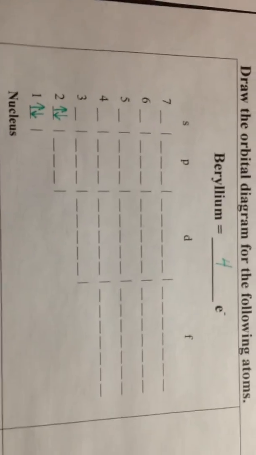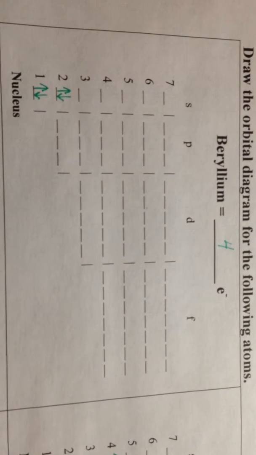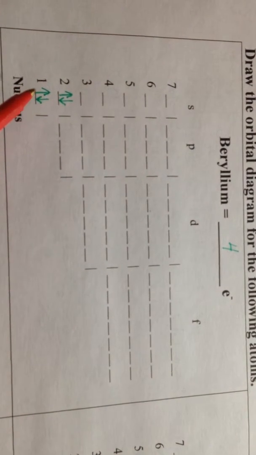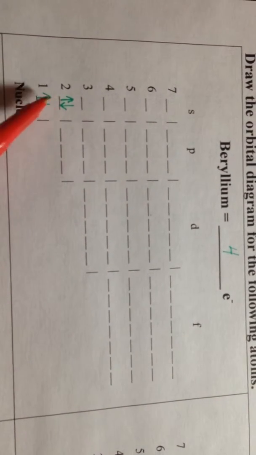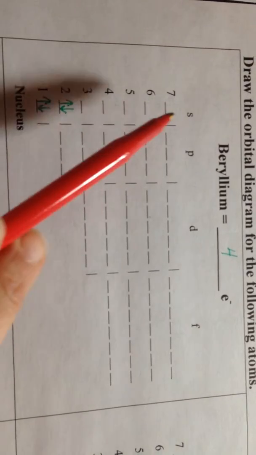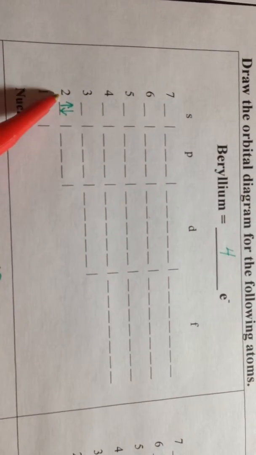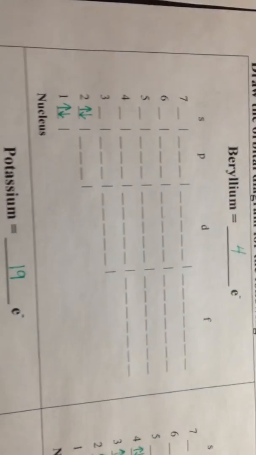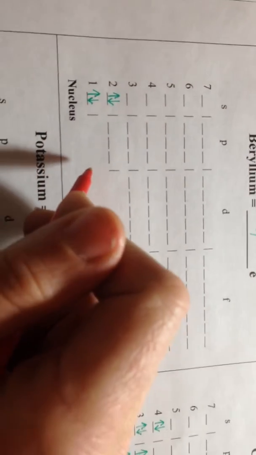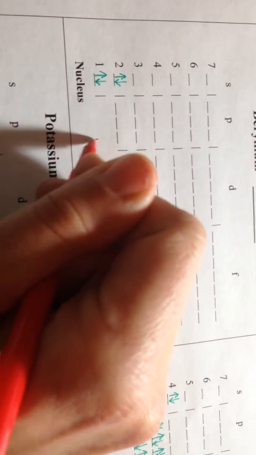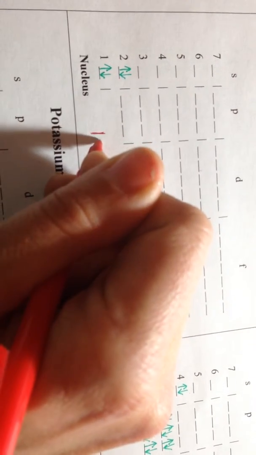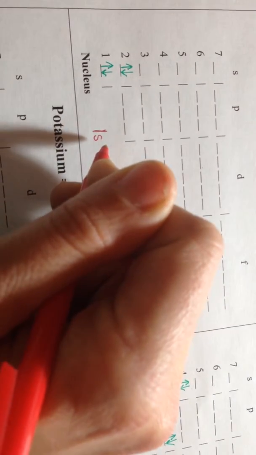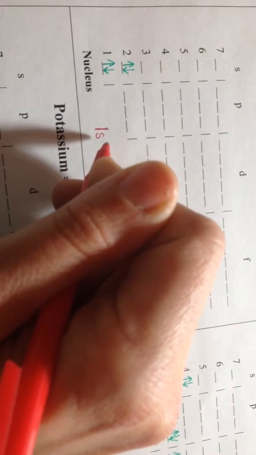So let's look at our first example. We have beryllium, which only has 4 electrons, and as we can see from the orbital diagram, we only have electrons in 2 orbitals. We have them in the 1s orbital and the 2s orbital. So I'm going to list that out, and I have to list them starting with the orbital in the lowest energy level. That would be the 1s.